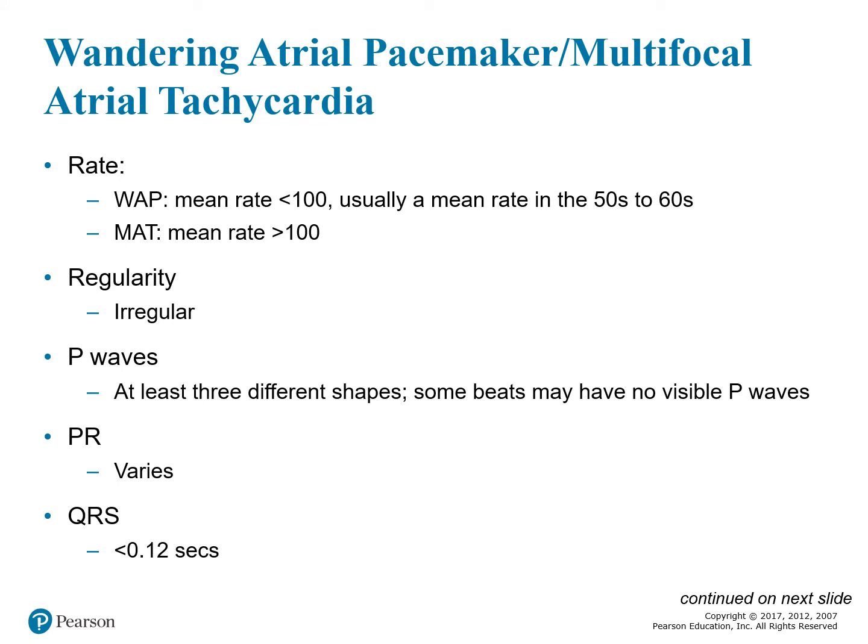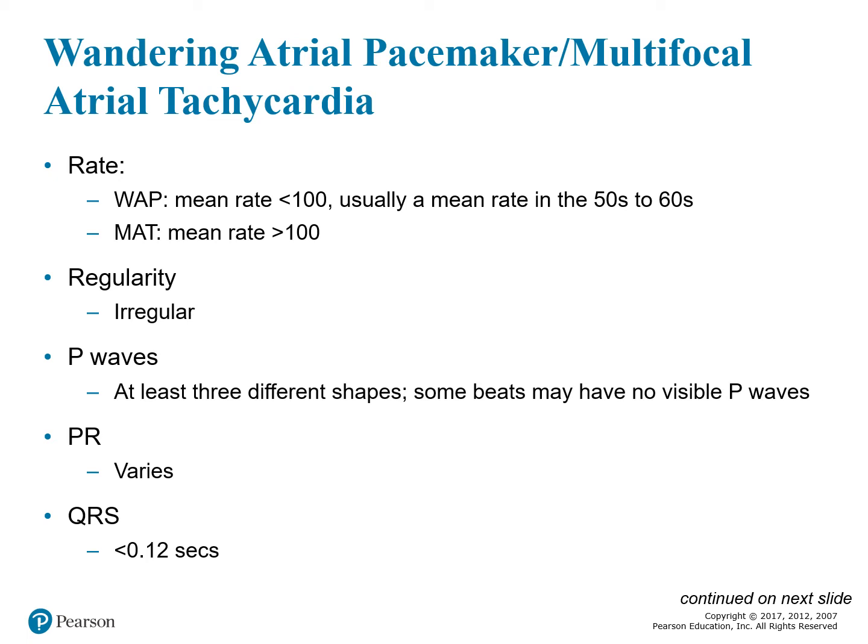So if we're looking to see if a rhythm is a WAP, it means basically its rate is anything less than 100 beats per minute. Usually the mean rate is anywhere in the 50s to 60s. So we usually say in a WAP, your heart rate is anywhere from 60 to 100 beats per minute. But being that it's irregular, the mean rate will be anywhere from 50 to 60 beats per minute.